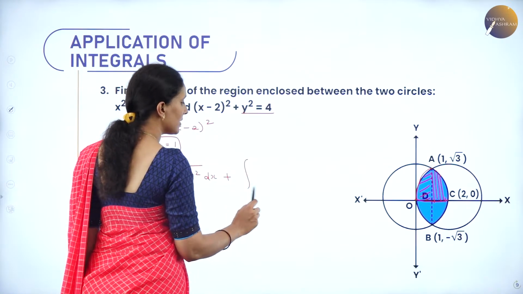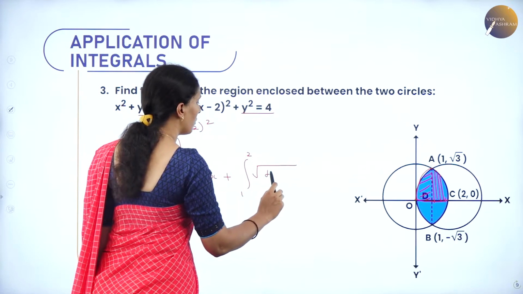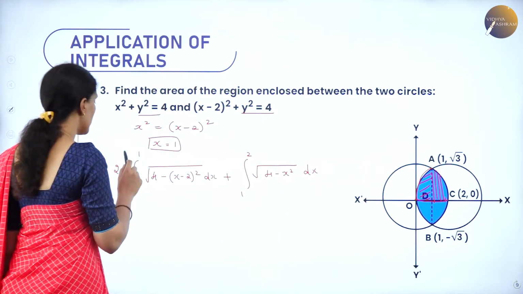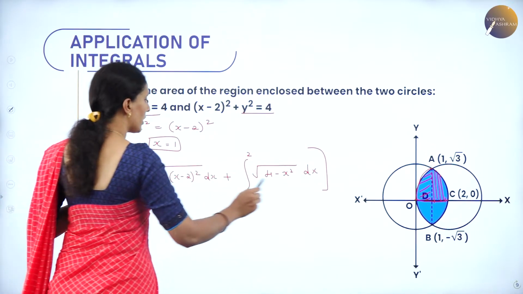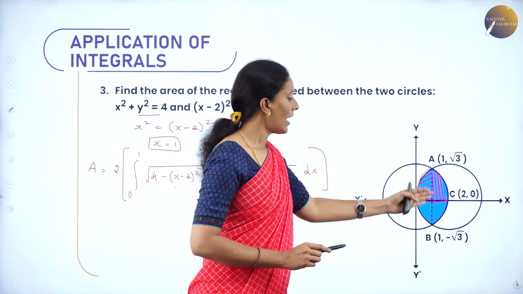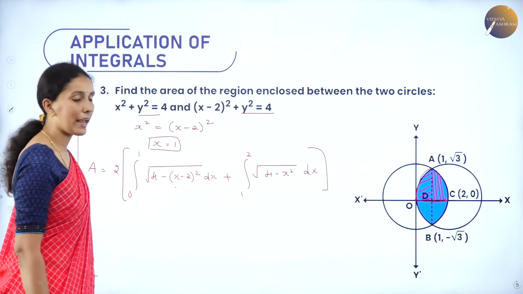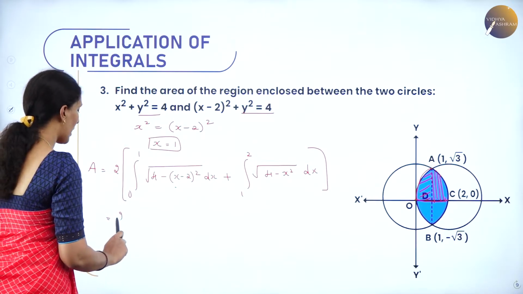And this is the integral from 1 to 2, square root of 4 minus x square with respect to dx. So this region represents the region above the x-axis, and if you multiply by 2, it gives the total area bounded by this region. Now again here we have 2 times.